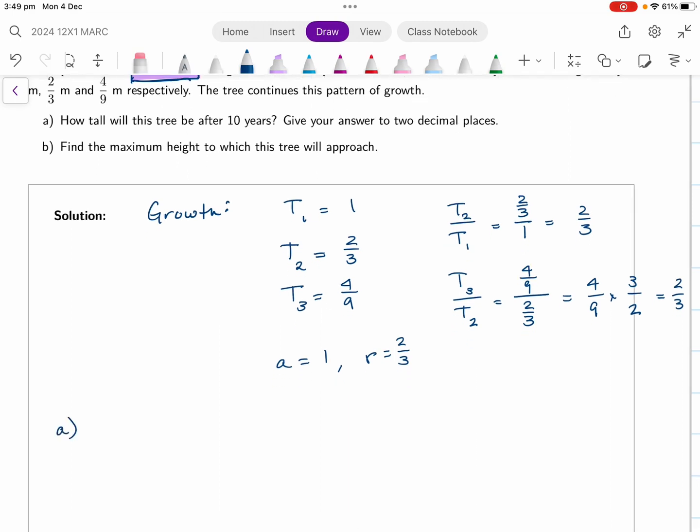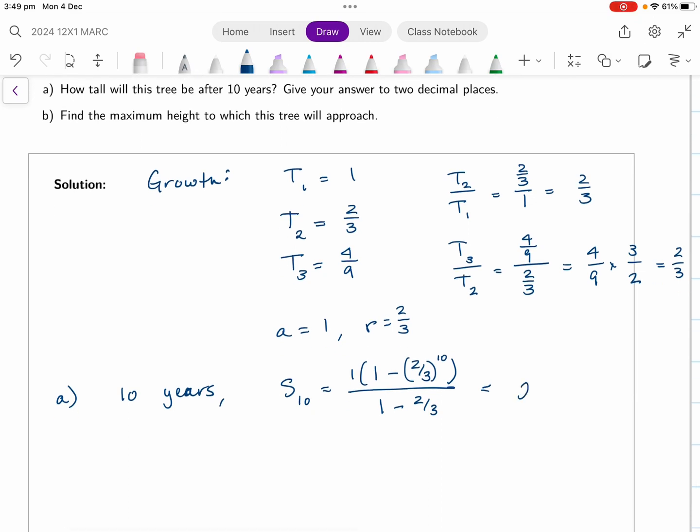So in 10 years, we know that the total growth, we're talking about a sum, is 1 minus 2/3 to the power of 10, all over 1 minus 2/3 in the denominator. So calculating that, that's 2.95 meters.